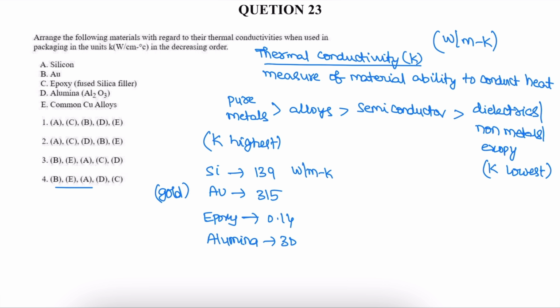Correct option is 4. So B is the highest thermal conductivity. Gold has highest thermal conductivity, followed by alloys. Next is alloys, E, copper alloys, followed by semiconductors, that is A, silicon.